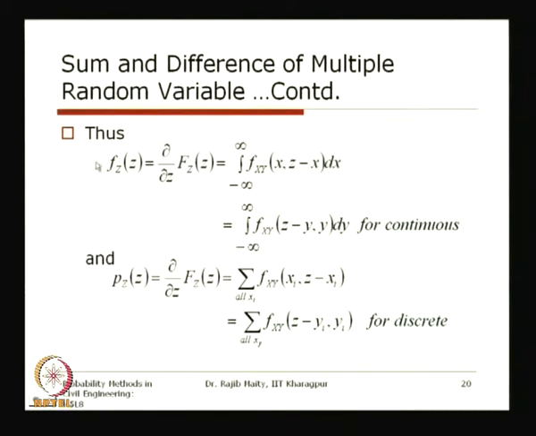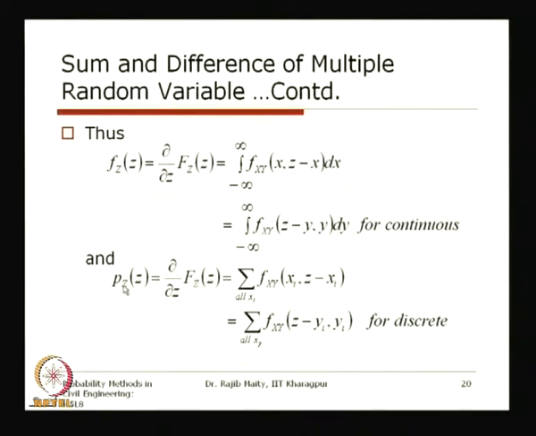Thus, this f_Z(z), which is a PDF, can finally be shown as this for the entire range of dy. You can replace this x as z minus y, and the opposite is also possible: you can replace y with z minus x, with respect to dx.